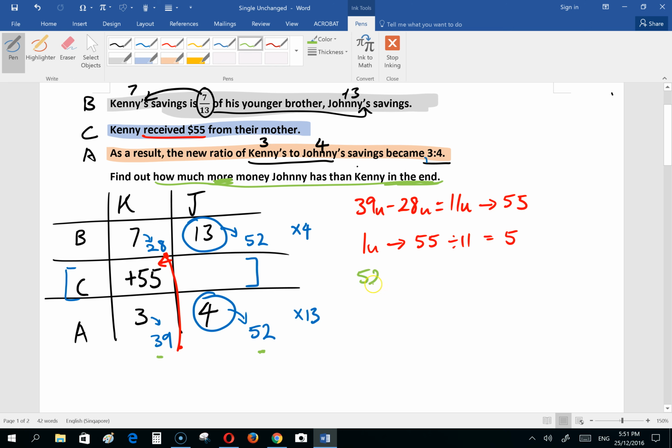The difference is 52U minus 39U, 13 units. This 13 units would just be 13 copies of 5. That will give us 65. So Johnny has $65 more than Kenny in the end.